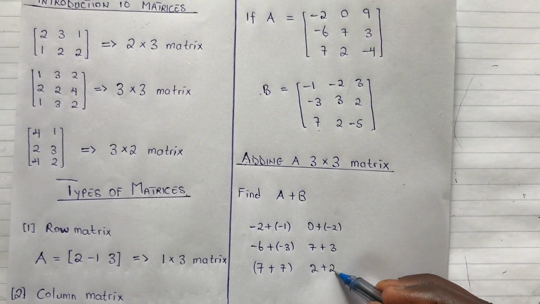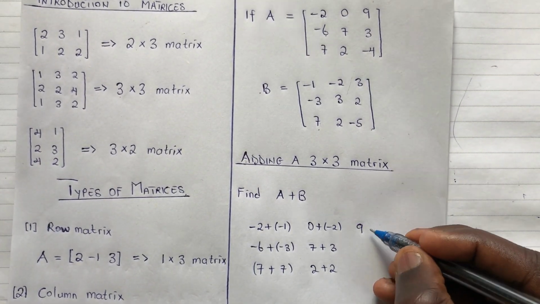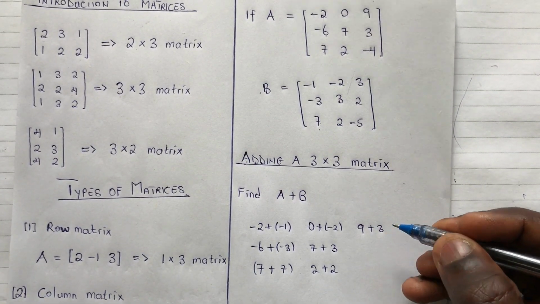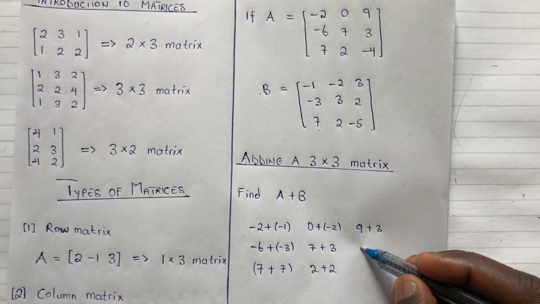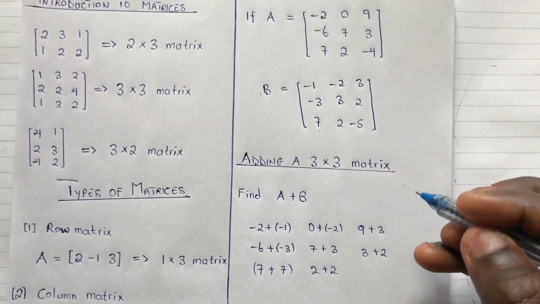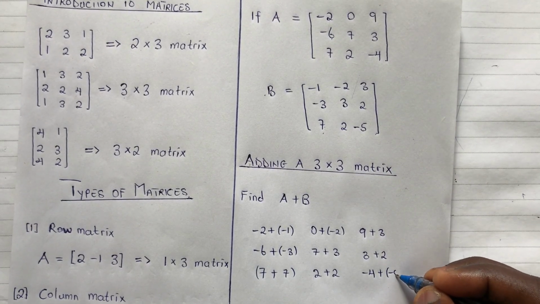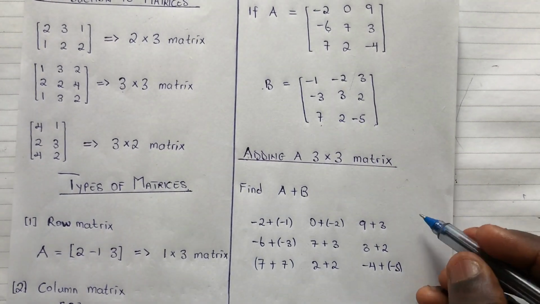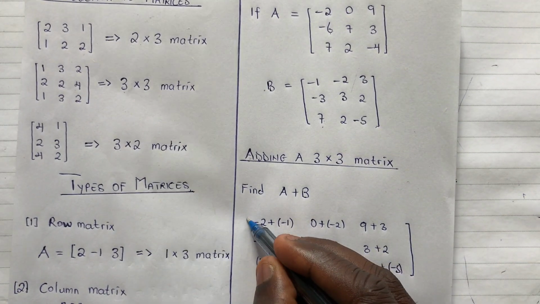Then we have 9 plus 3. Then we have 3 plus 2. And then negative 4 plus negative 5. We have minus 4 plus minus 5. So that is it. So we can now put this in a square bracket.